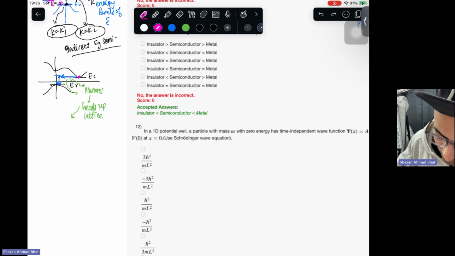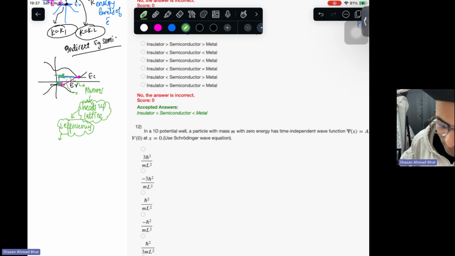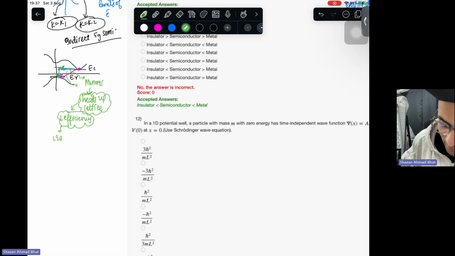But for the electron to make this transition, it has to change its K value. And while doing it, it emits phonons, and it heats up the lattice, and it decreases the efficiency of silicon used as, let's say, an LED or any kind of light emitting source.